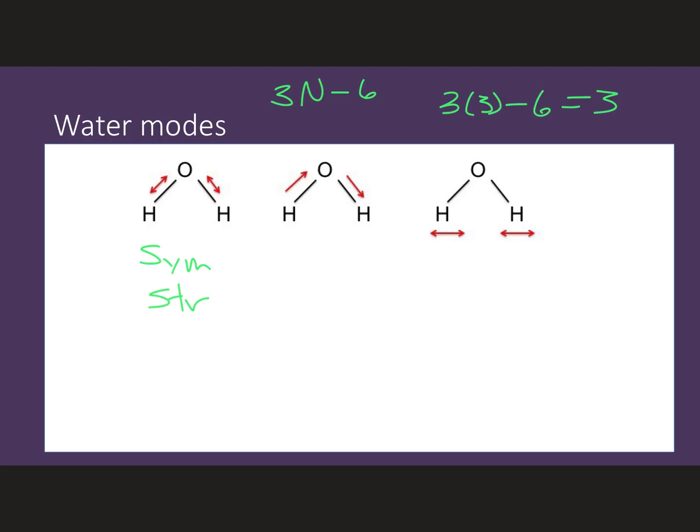They're in phase. Over next to it, we have the asymmetric stretch, because now we're still seeing stretching motions of those OH bonds, but now one is being compressed while the other is being extended. Final one here is the bend, and you should be familiar with these from probably Orgo, thinking about vibrations from, say, FTIR. So that's what we're going to look at here.